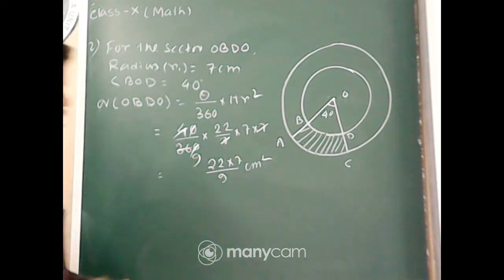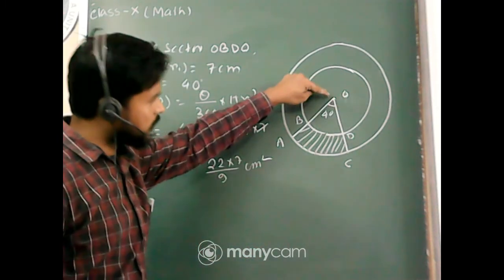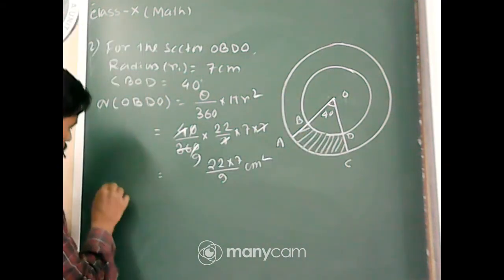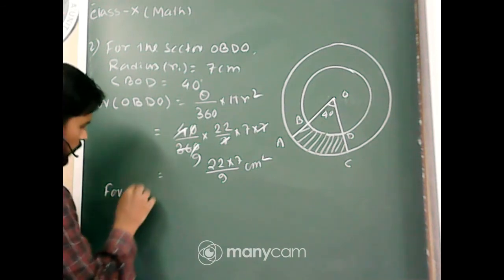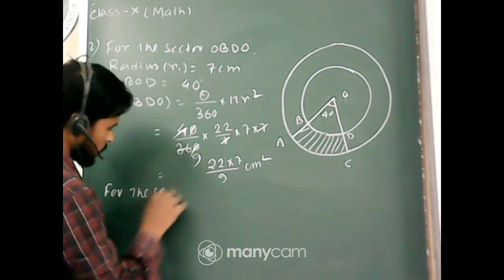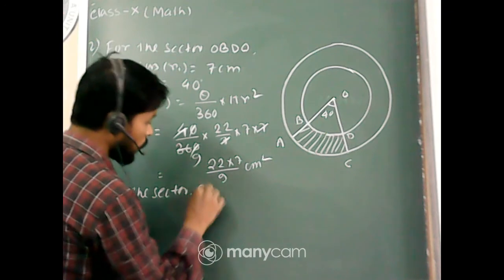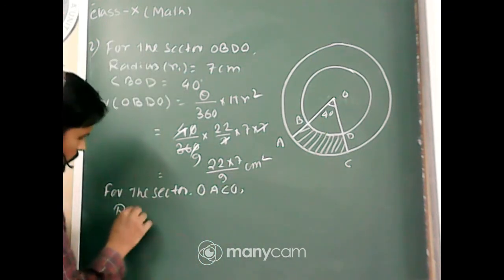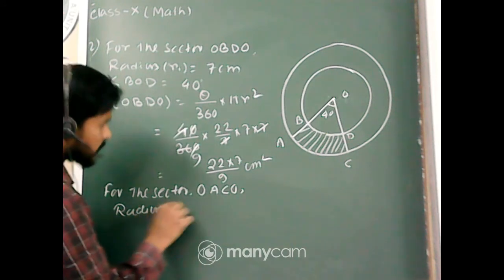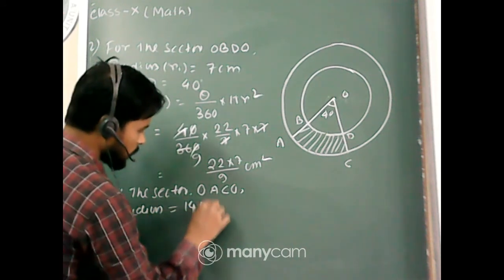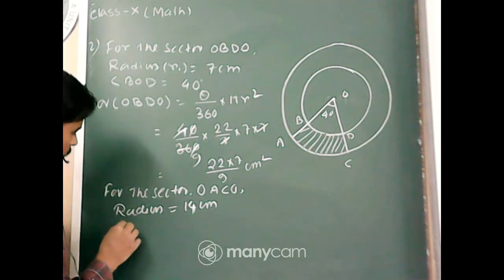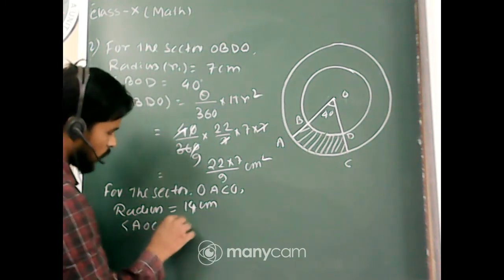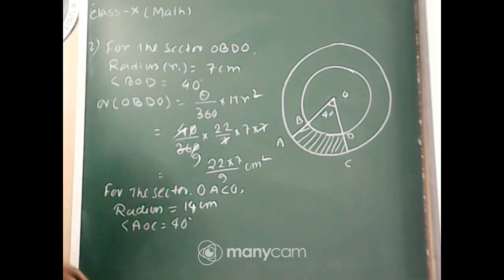Okay, in a similar way, consider the sector OACO. Now for the sector OACO, what is the radius? The radius is given as 14 centimeter, and the central angle AOC is equal to 40 degree. Now find the area of the sector.